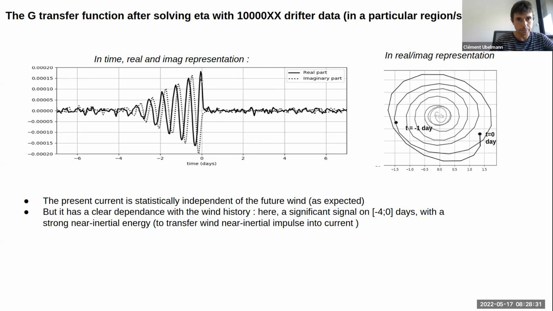Here we have the real and imaginary part, represented in the complex form, real as a function of imaginary part, which is a convolution function that actually triggers all the energy from the wind that is at a near inertial frequency into rotating near inertial oscillations.